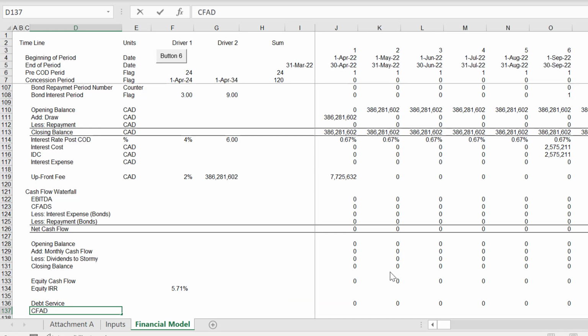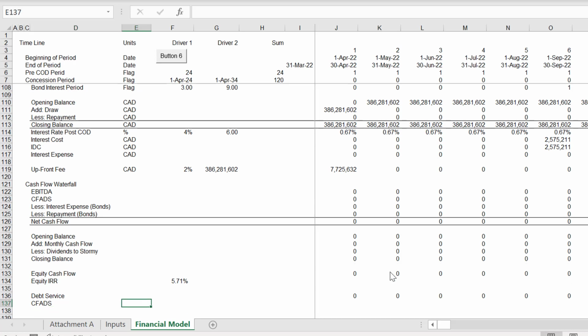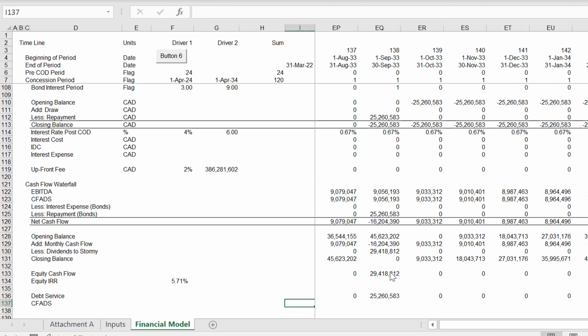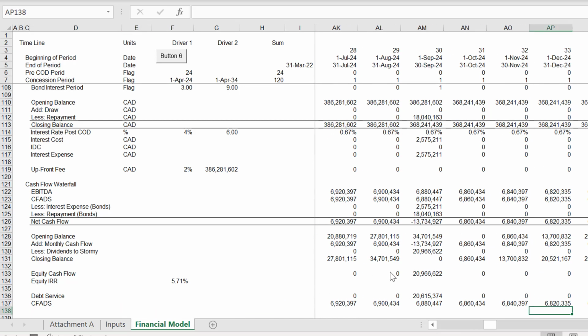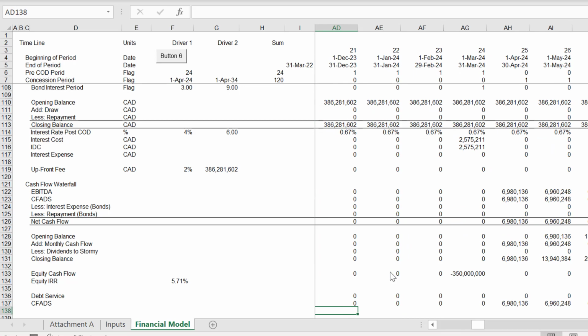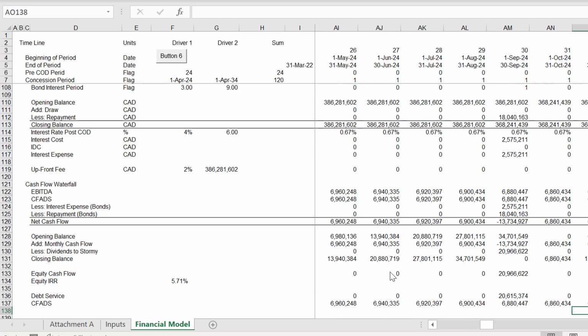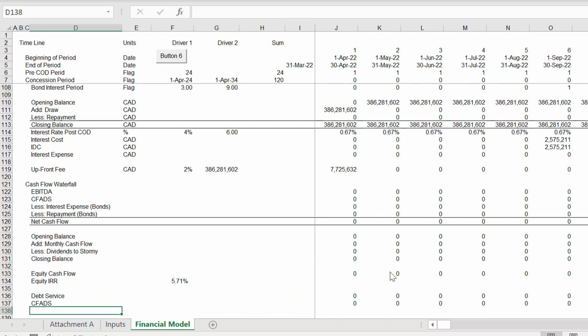CFADS. Let's put that in just to make it a little clean, and go up here. And then we'll put the, oh God, we should accumulate the CFADS. Oh, screw it. We'd have to accumulate it. Okay. Accumulated CFADS.